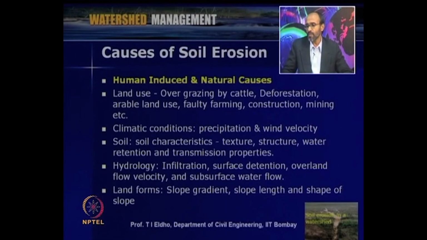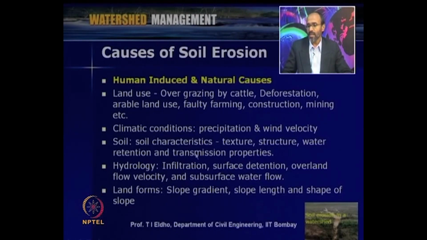Some of the important characteristics affecting soil erosion are the texture of the soil, the structure of the soil, and water retention and transmission properties. Then there is the hydrology of the locality of the watershed, like how much is the infiltration, surface detention, overland flow velocity, subsurface water flow, etc. These are some of the hydrological issues which cause soil erosion.